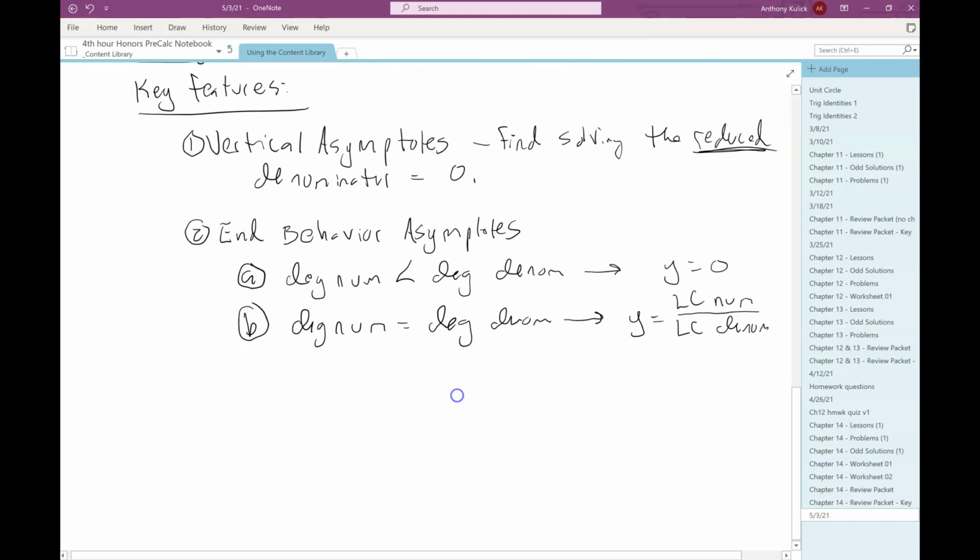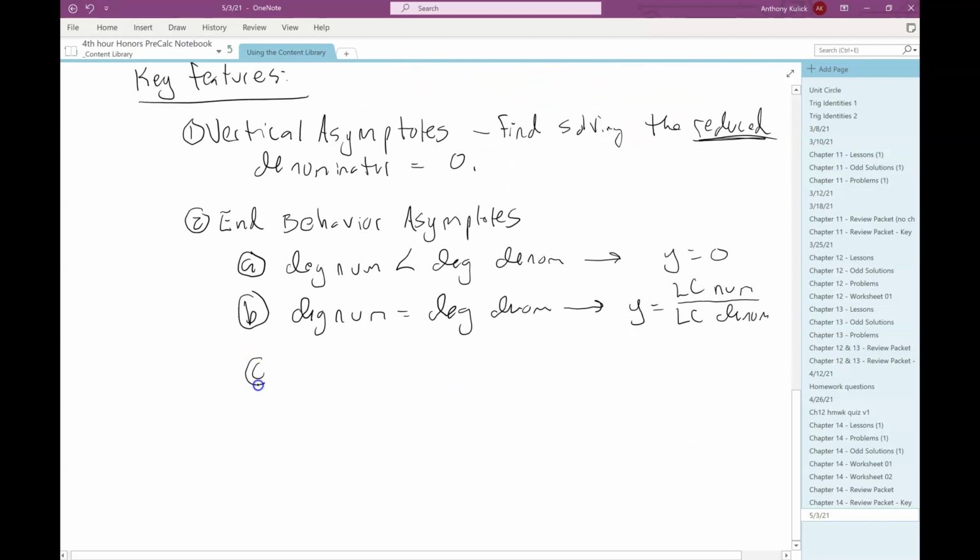The trickiest situation is the third case, where the degree of the numerator is greater than the degree of the denominator. In that case, we have our function r of x equals p of x divided by q of x.